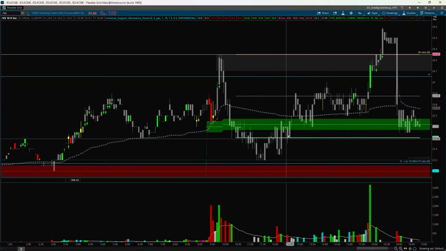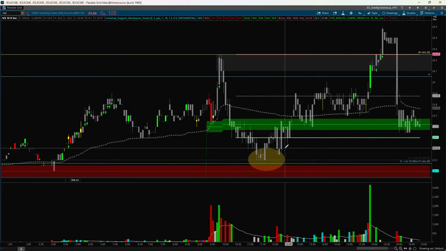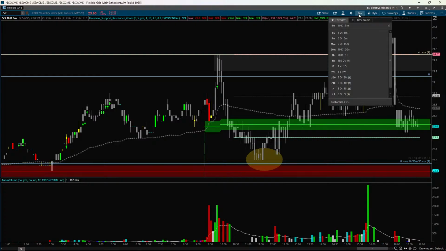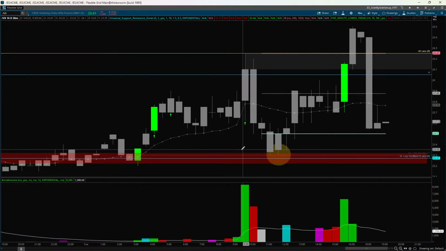Let's put this in a 30-minute time frame. Let's circle this area right here. Yeah, it looks freaking different. Put it in a 30-minute. Why does it look different? Got wicks all the way down there. Yeah, 30 minutes. Yeah, look how big of a difference that makes.